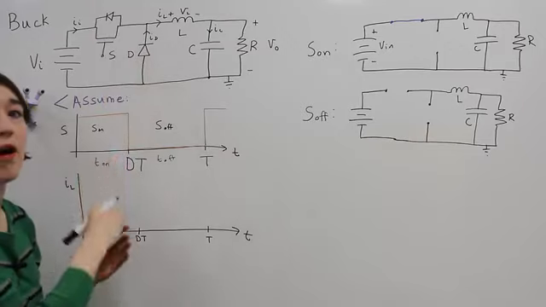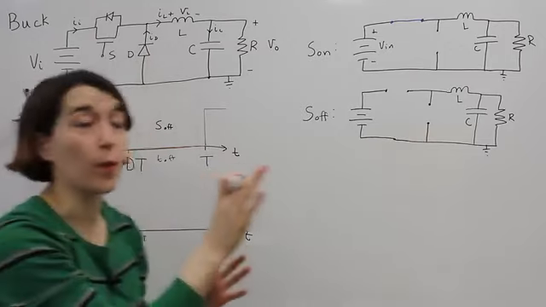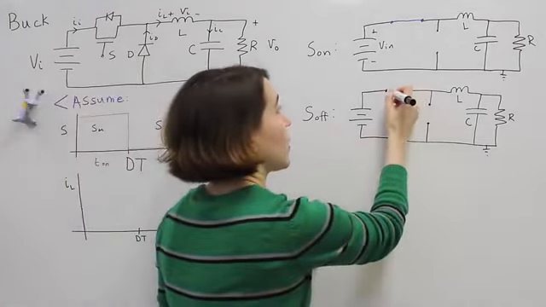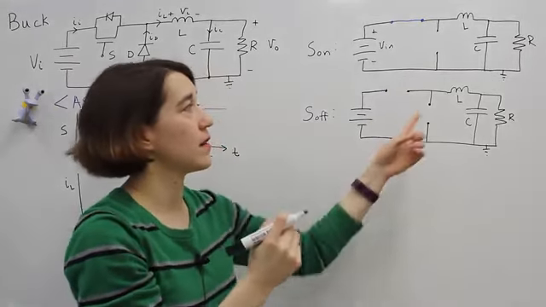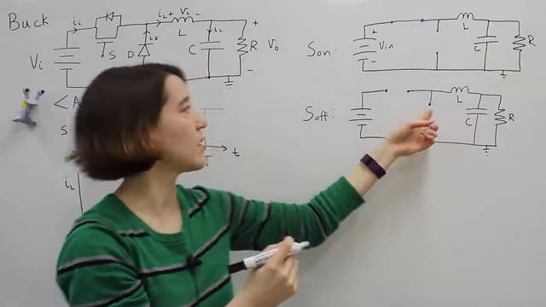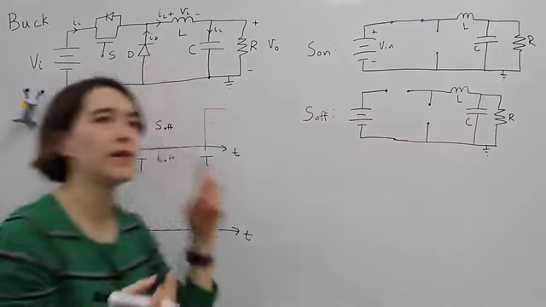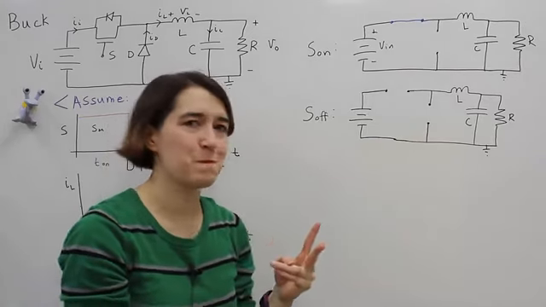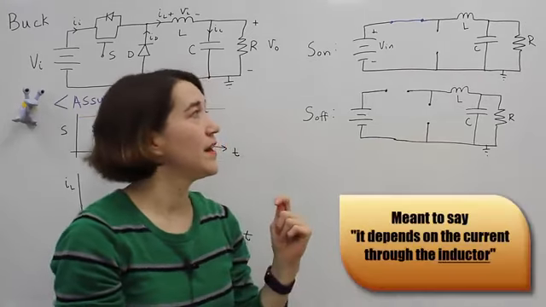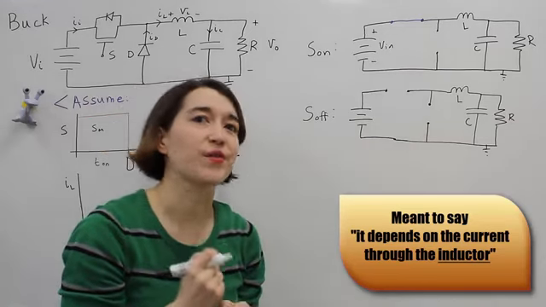When this switch is now off, which means it must be open, so here we have an open circuit, the question is, this switch, which is the diode, how is that going to act? Is that going to be on or off? Well, it depends on the current through the diode.